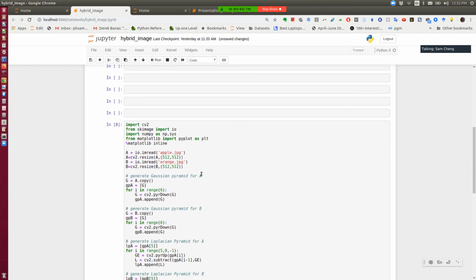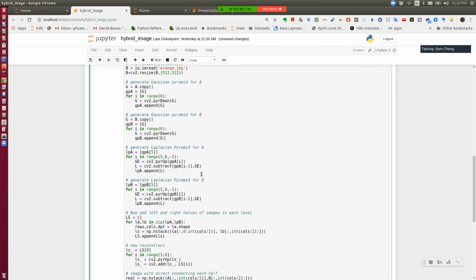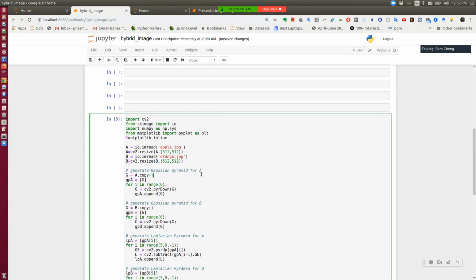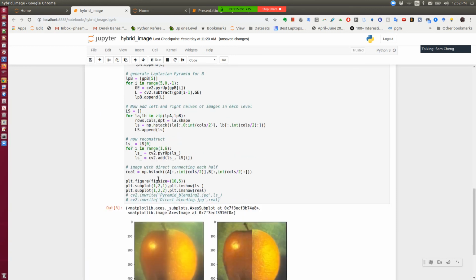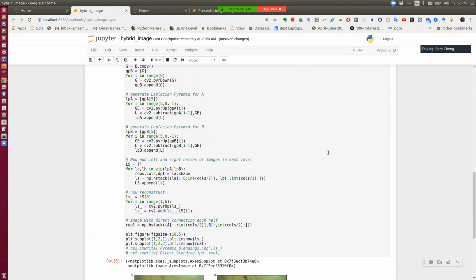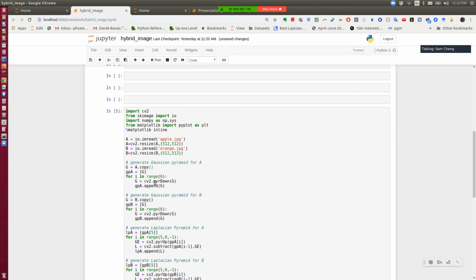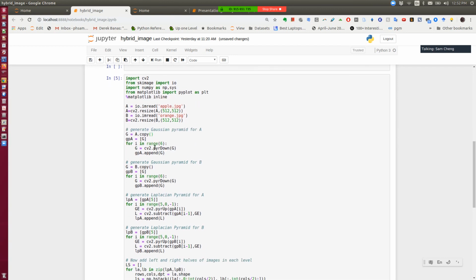And this is another potential homework. I was thinking to make it a homework, but maybe not, or maybe I will. I'm not sure, you can also find it in OpenCV. So this is just the classic apple orange, and with OpenCV, after reading the image, you can just have pyramid down, which will just go down, very simple.